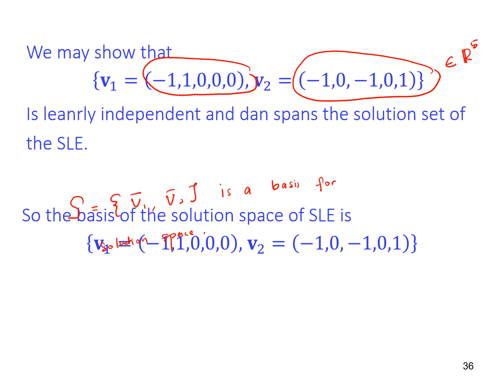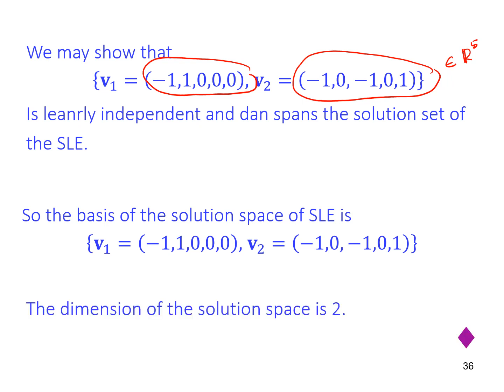Okay, therefore, the basis of the solution space is a set with two elements, where the first vector is v1 and the second vector is v2. And therefore, the dimension of the solution space is 2 because we have 2 elements in the basis of the solution space of the system of linear equations.